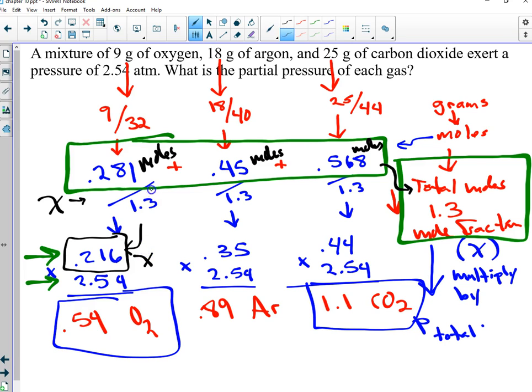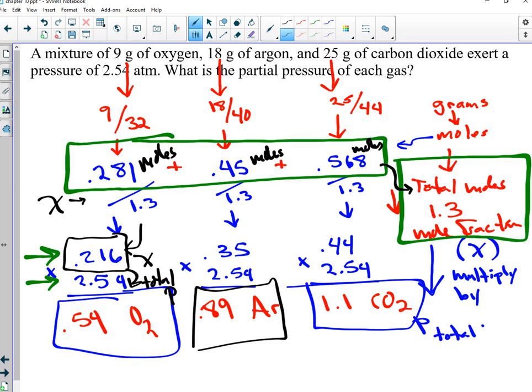It was the fraction of moles of oxygen to the total. I did that for each one. Then I multiplied each mole ratio by the total pressure to find out how much each one was contributing to the whole. And I get 0.54, 0.89, and 1.1.